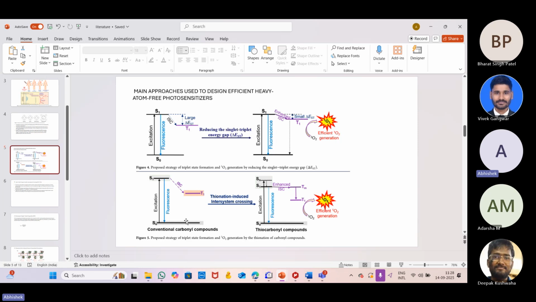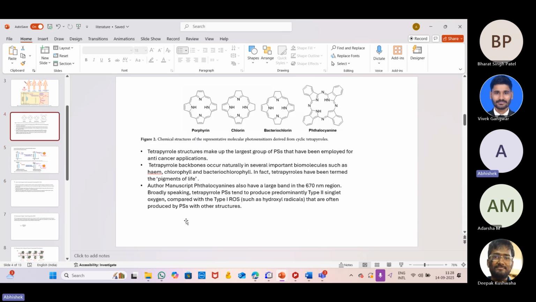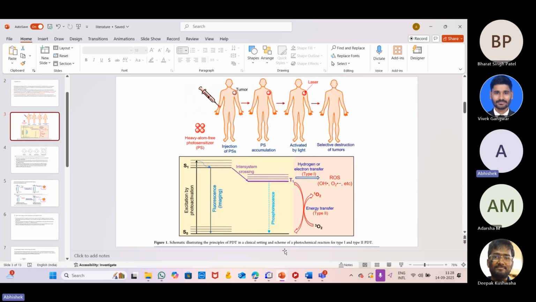In the triplet excited state, two types of mechanism occur, type 1 and type 2. In type 1, hydrogen or electron transfer generates reactive oxygen species, which helps in photodynamic therapy and is going to kill the cell.